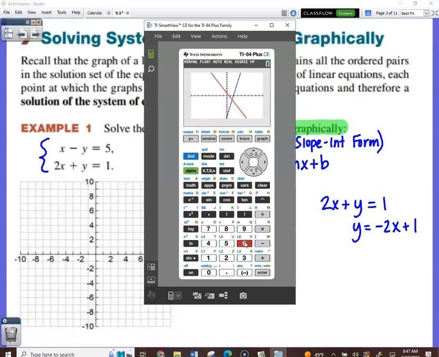Oh no. Oh, you know what it is? When I pulled my calculator up, that equation was in there from before. It didn't clear it. Let me fix that.